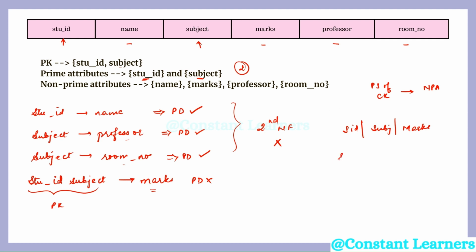And finally the third table will be name and student ID, because it's only the name attribute that is dependent on student ID, right?